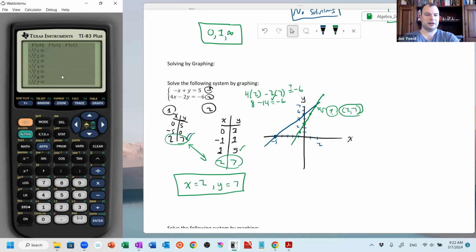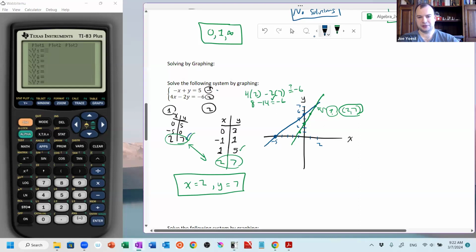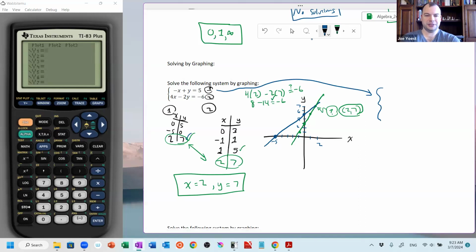Let's clear out all of our stuff in the y equals menu. Now the calculator wants the algebraic structure to be entered as y equals something. So I need to do a little bit of manipulation here first. I need to change my two equations to be y equals something.